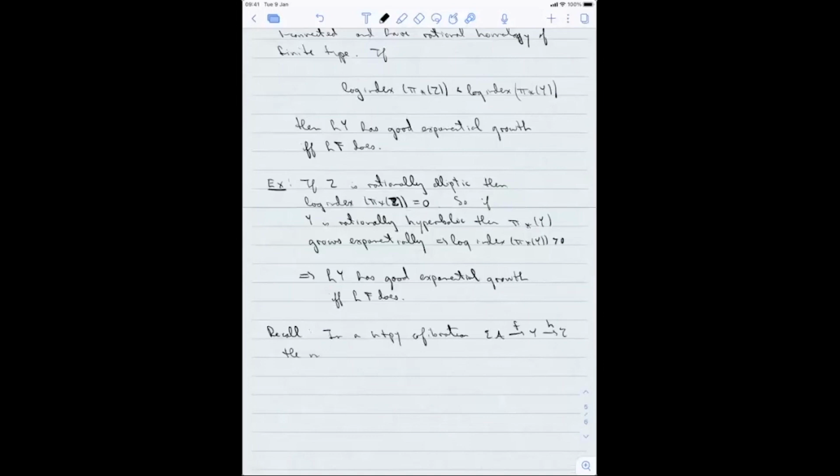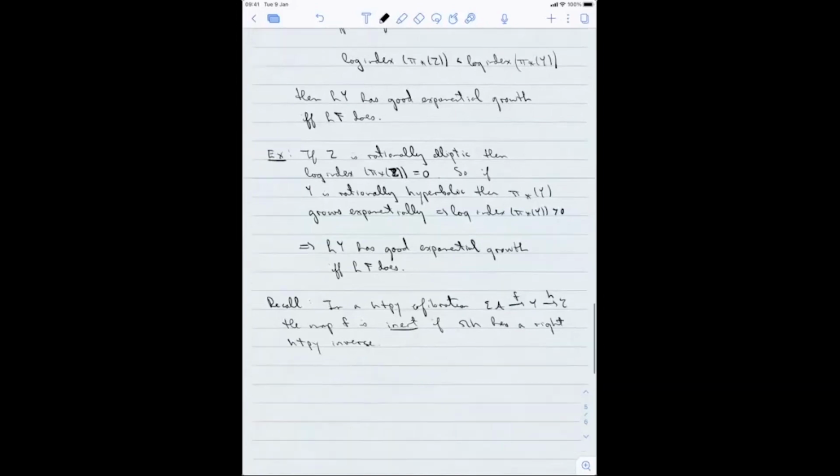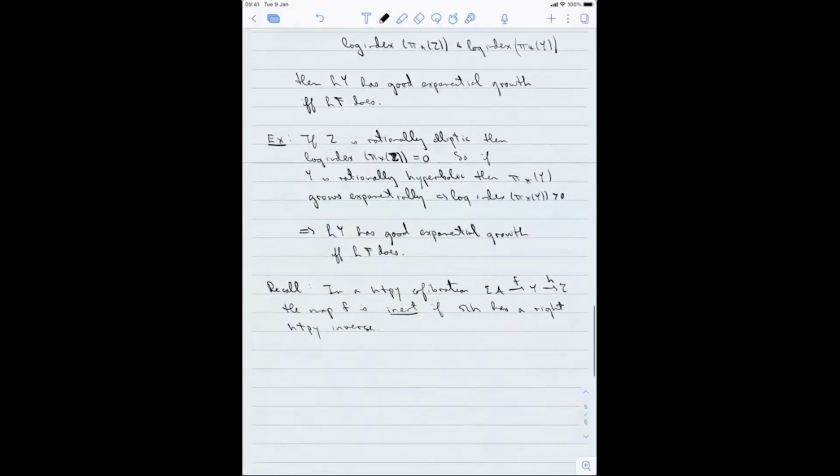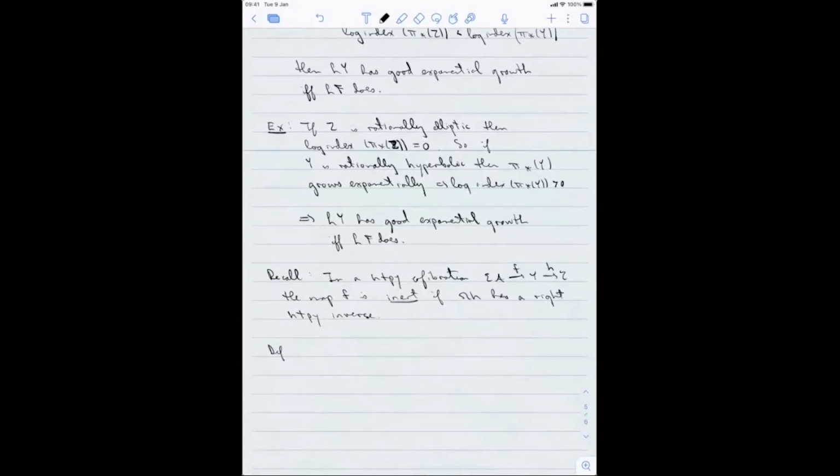The map F is inert if the loops on H has a right homotopy inverse. So this was this generalization we talked about before of the notion of rationally inert. The rational people would just use their version of inert, but this is a sort of generalized version of it.